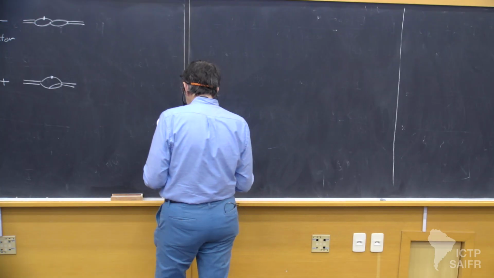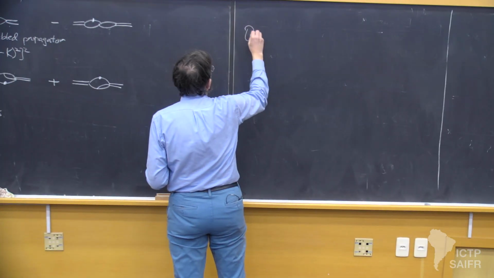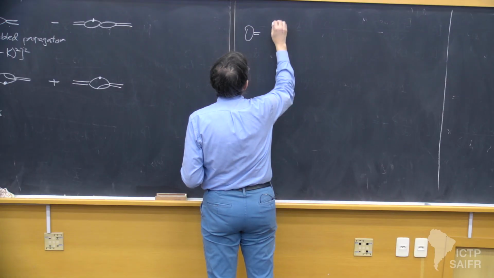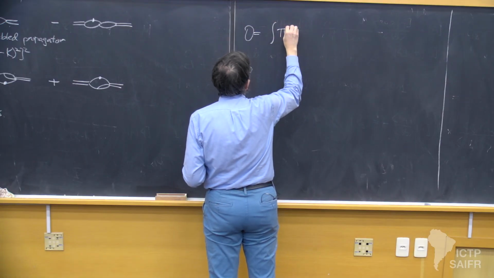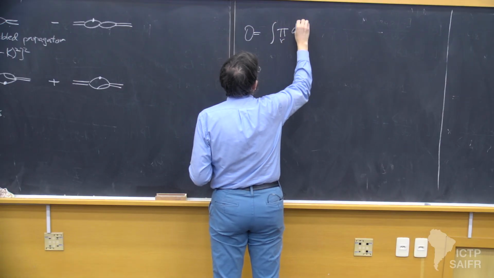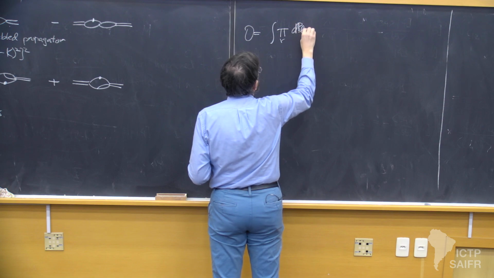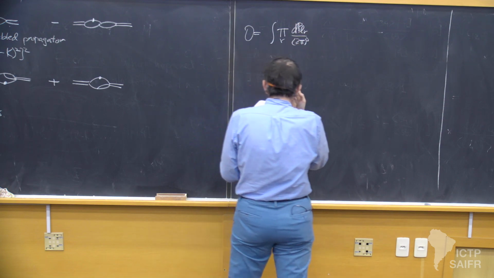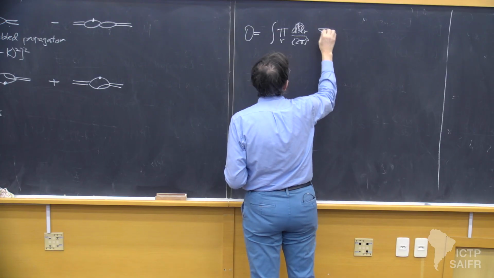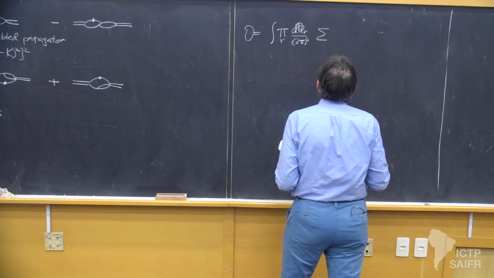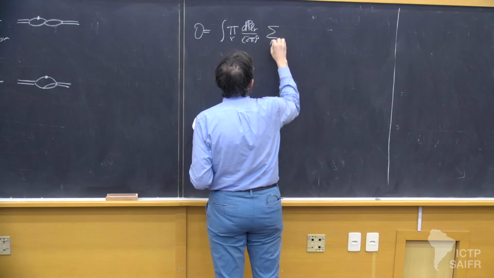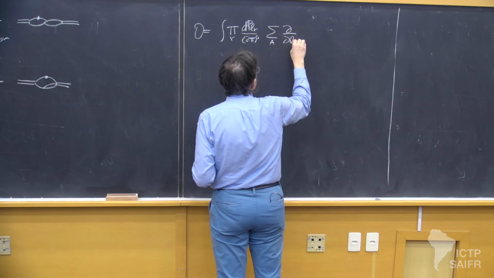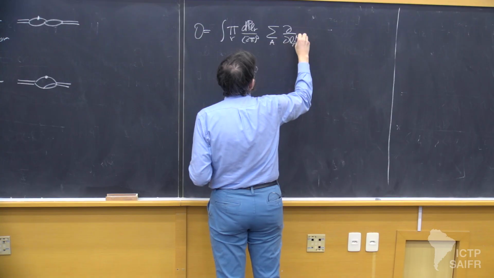So let's look at a generic IBP. We have a measure, and then we can imagine taking linear combinations with the derivatives with respect to different loop momenta, which I'm going to denote by the index A here.